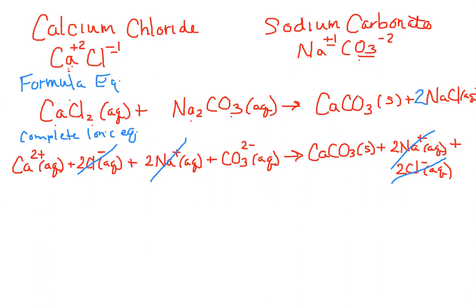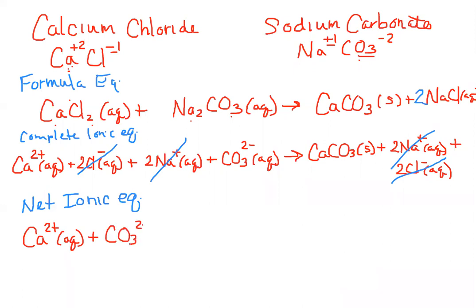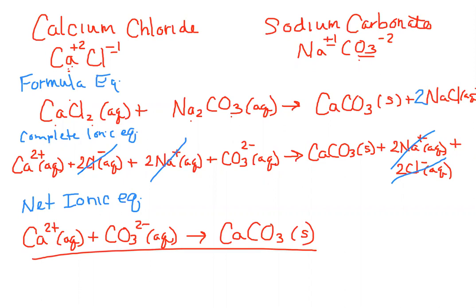So for the net ionic equation, we have Ca plus CO3 yields CaCO3 as a solid. And that is the net ionic equation right there.